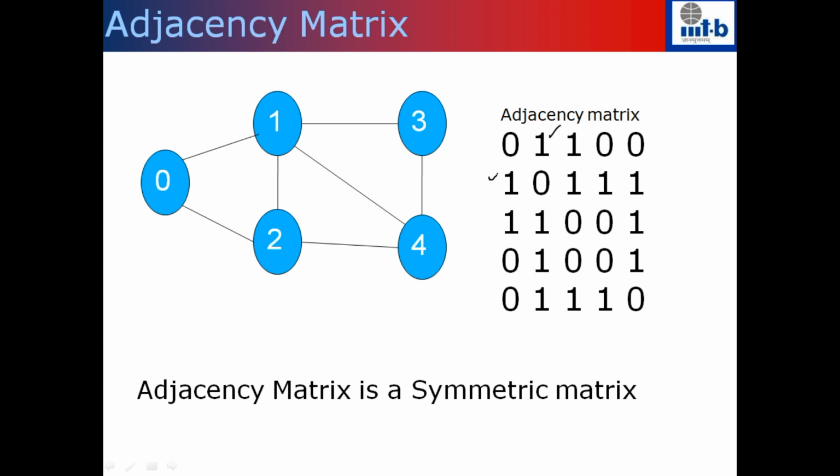The relationship on the edges is symmetric, so the adjacency matrix that you get will be a symmetric matrix. Whenever A is connected to B, B is also connected to A. Here also, since we are taking a simple graph, the diagonal entries will always be 0, or false.